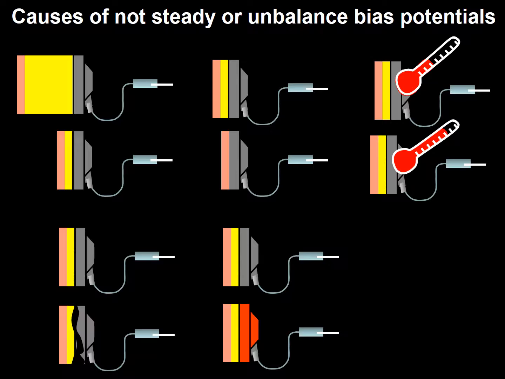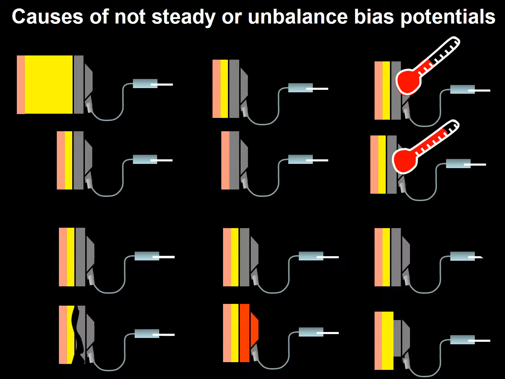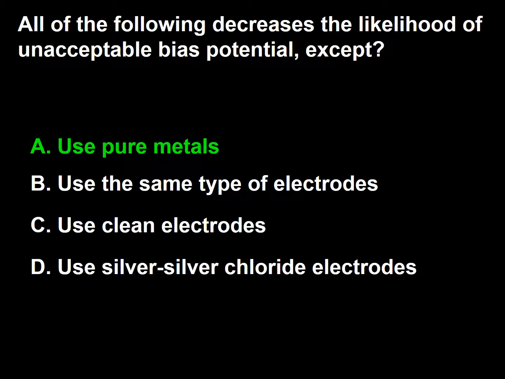Using electrodes of different materials, or coupling an electrode with a broken pin with another one with a normal pin. So the answer to this question is A. Metals need to be the same in all electrodes, regardless whether they are pure or not.